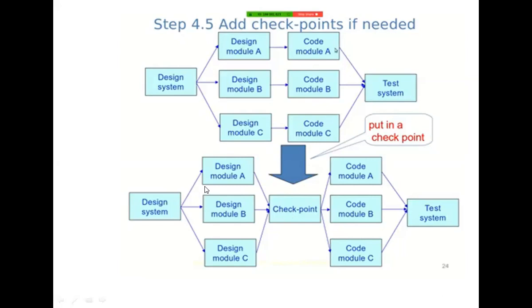So design module A is done, and the checkpoint is ready for code A, module A. Then it transfers to test. When one module is ready, it goes for coding, so you have to put a checkpoint here. Otherwise, only when module A is completed will module B be checked, and when module B is completed, then module C goes.